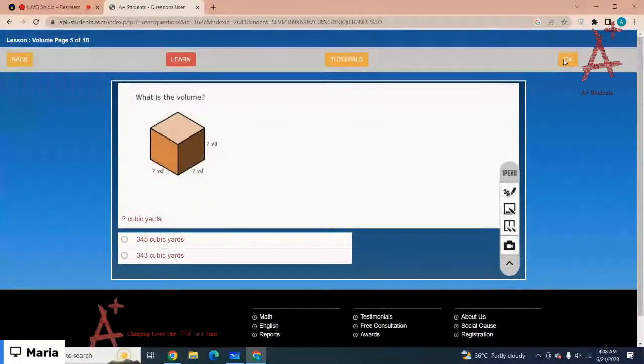Okay, what is the volume? You have to do side times side times side. Got it? So sides are 7.